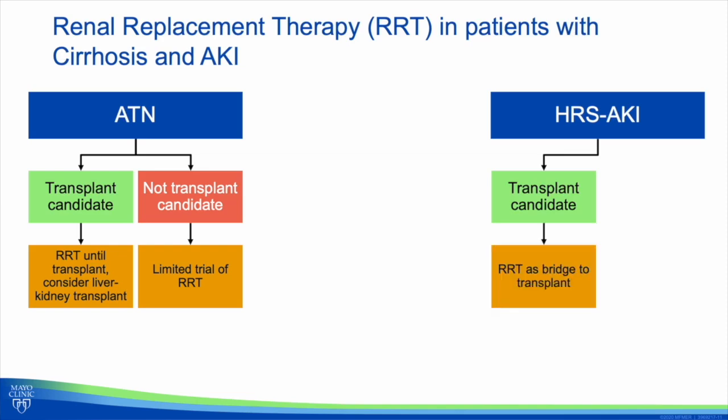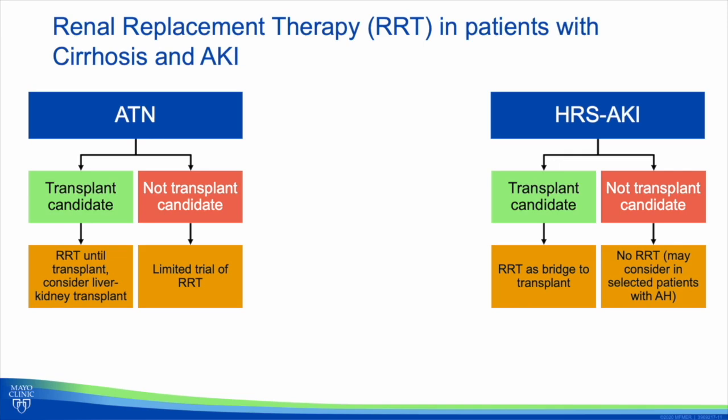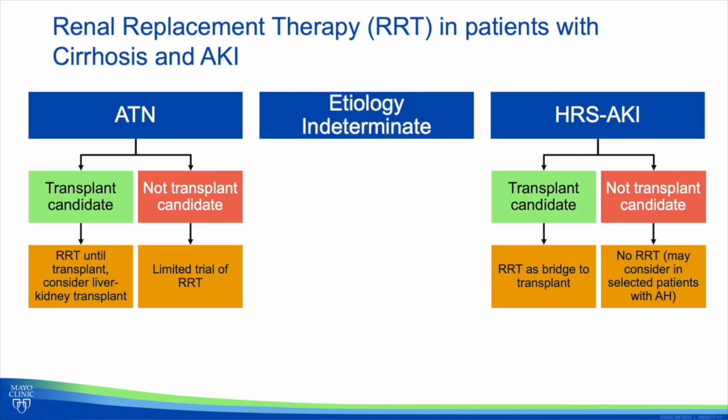Hepatorenal syndrome, transplant candidate, renal replacement for sure as a bridge to transplant. Not a transplant candidate, be reluctant to recommend renal replacement treatment. Generally, no. There's the occasional patient with alcohol-related hepatitis whom you suspect maybe has sepsis too, they may benefit from renal replacement treatment.